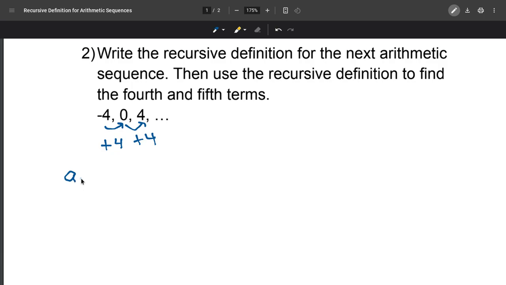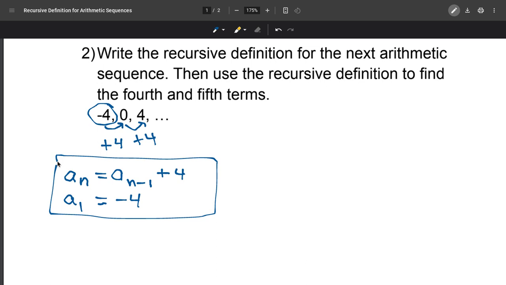So we'll say a sub n, the nth term, equals the term before it, a sub n minus 1, plus 4. And our first term is negative 4. So a sub 1 equals negative 4.